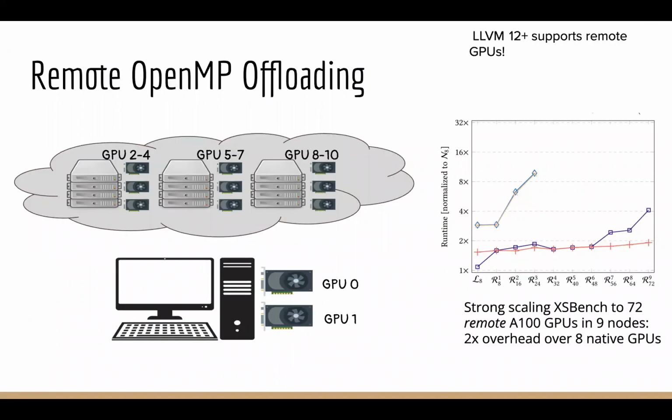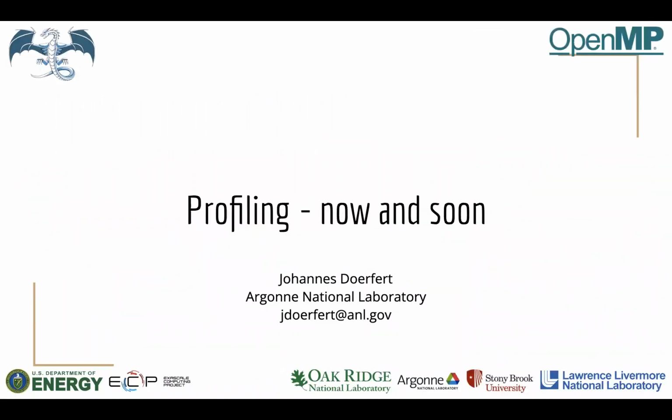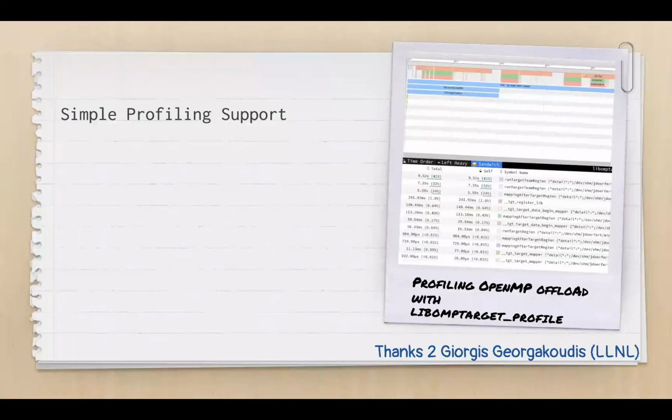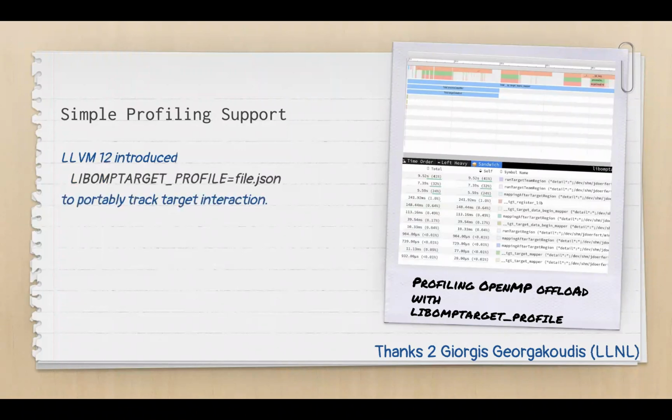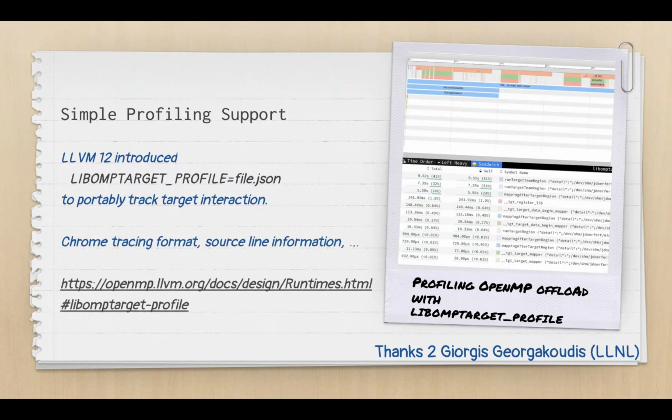And the next thing, we go further. The next thing I want to talk about a little bit is profiling support, now and soon. Since LLVM 12, we actually have simple profiling support as part of the OpenMP offloading runtime. If you build LLVM with offloading support enabled, you can just set an environment variable to get a JSON file that uses the Chrome tracing format and source information to tell you where your time is spent.